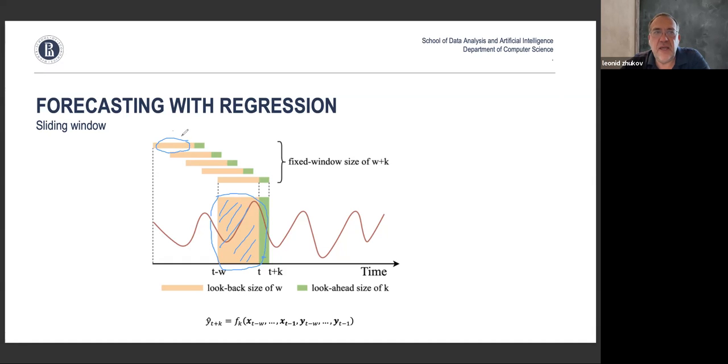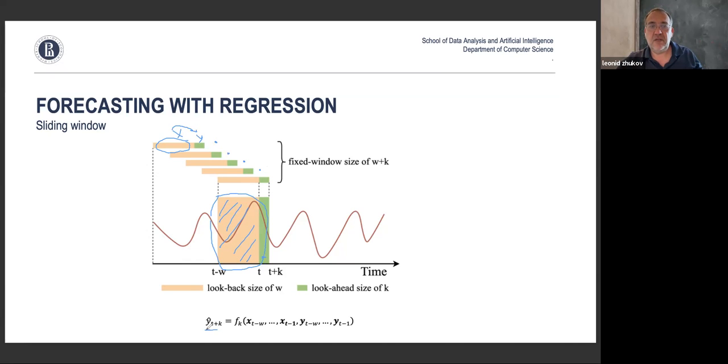Those are used as X values, and you pick up the Y value from this window, and then this gives us one data point in your data set, then another data point, and another. So you move the sliding window through all the training data, and then you learn the mapping from X to Y.